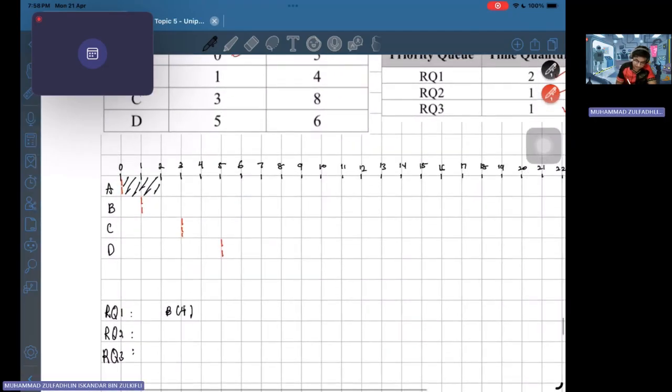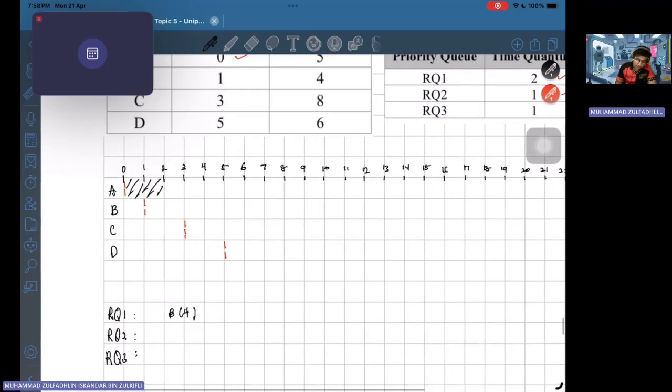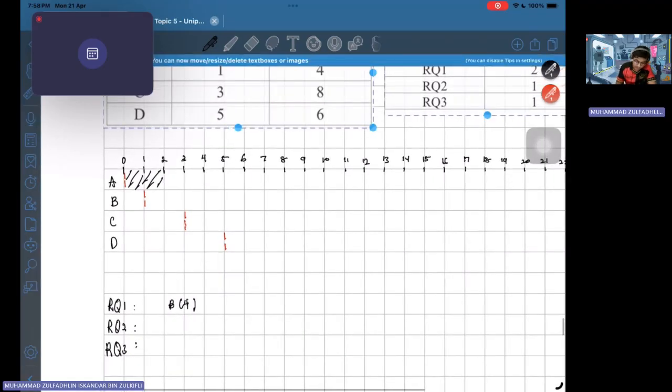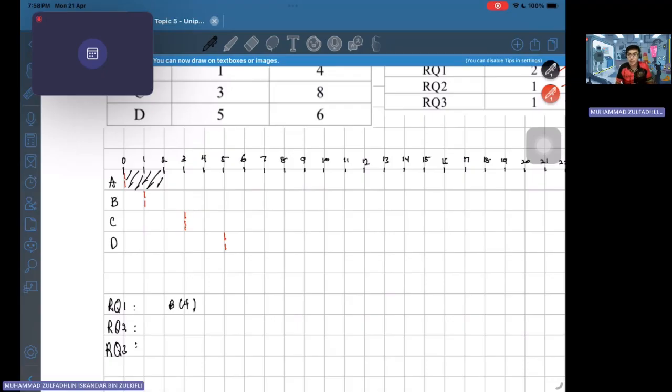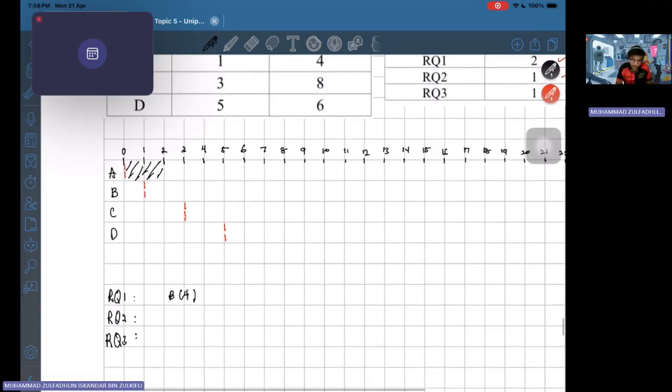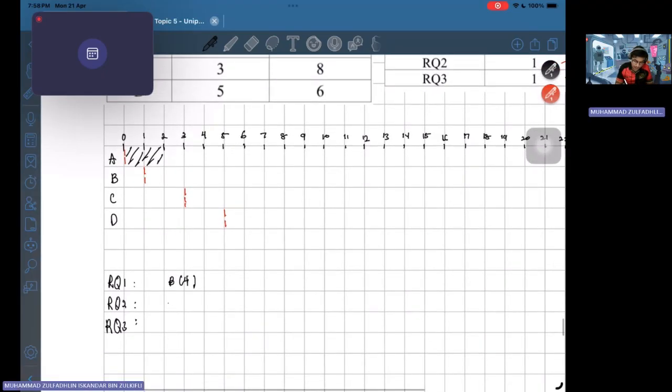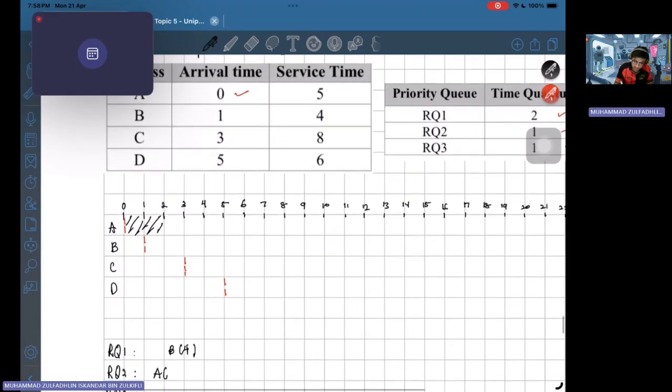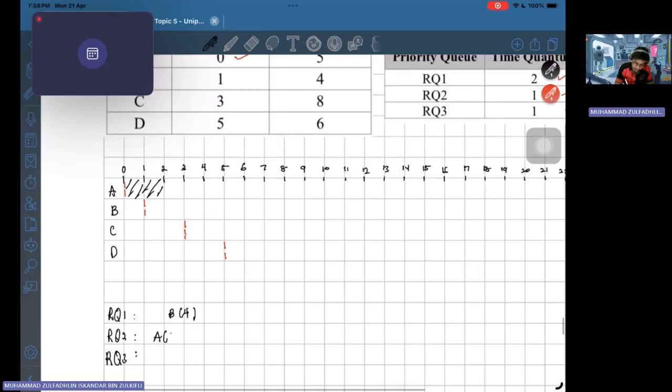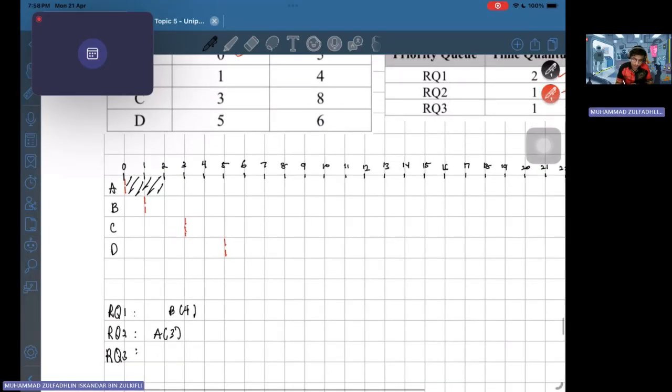And after A completes its RQ1, which is 2 time quantum, we move A to RQ2. So A's balance is 5 minus 2, which is 3. So the 3 is what we need to perform there.